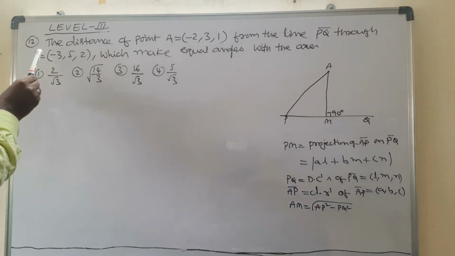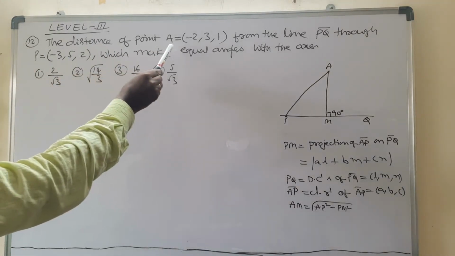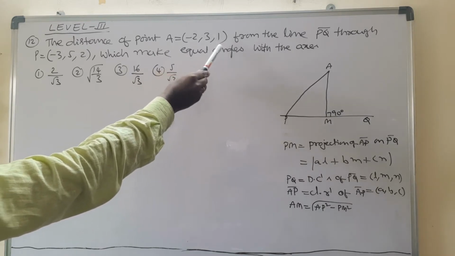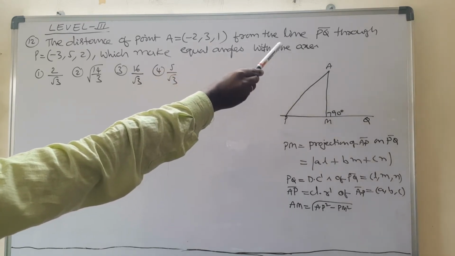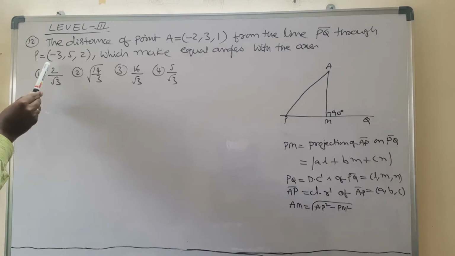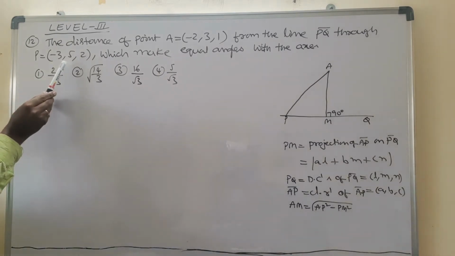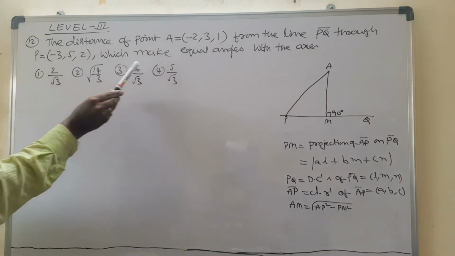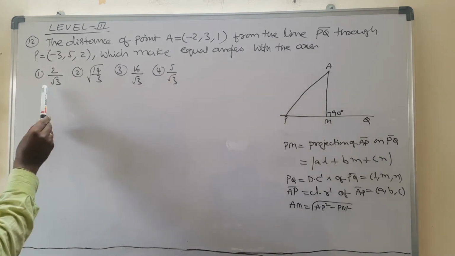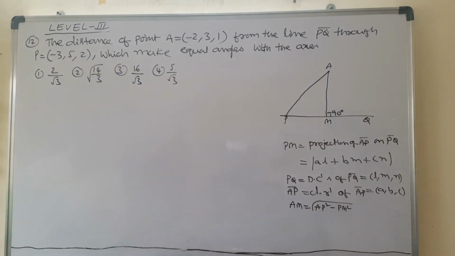Question number 12. The distance of the point A (minus 2, 3, 1) from the line PQ through P (minus 3, 5, 2), which makes equal angles with the axes. Here the four options are given.